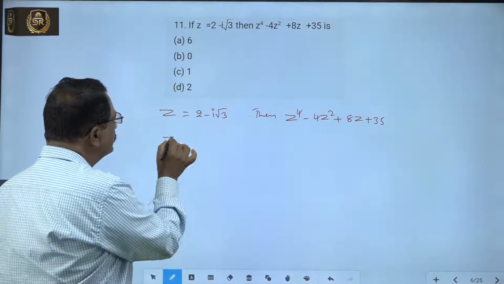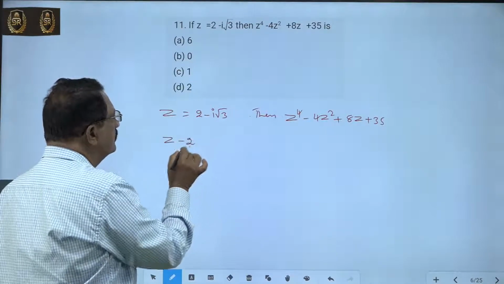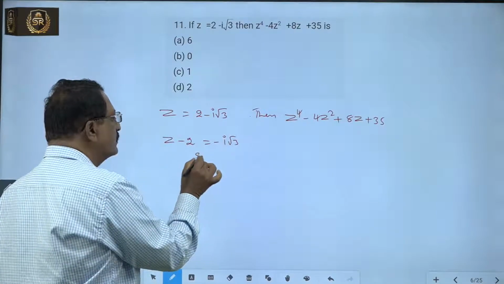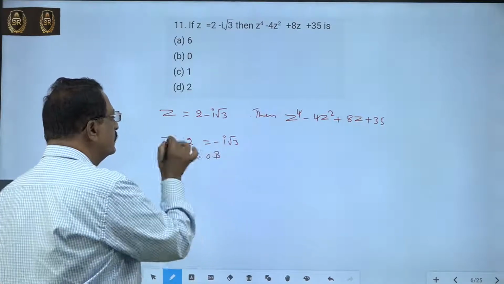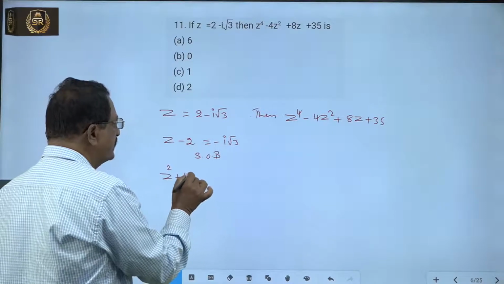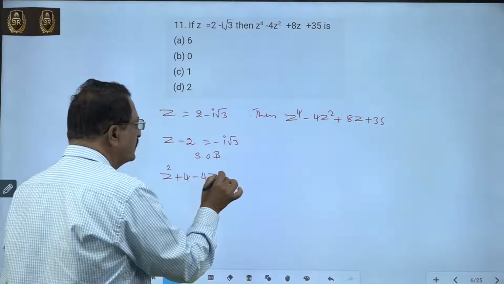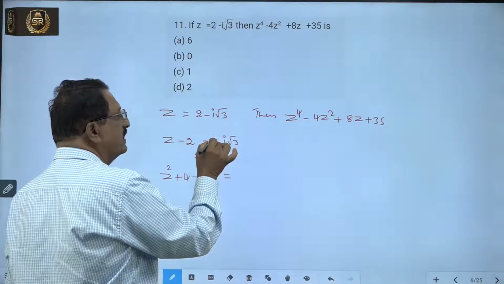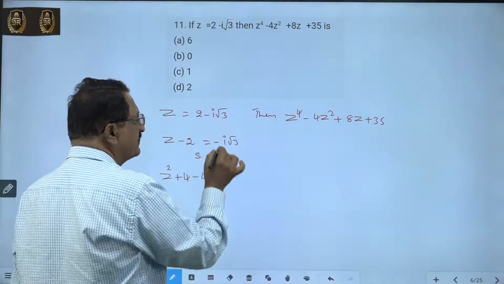Therefore, z minus 2 equals minus i root 3. Now, squaring on both sides, we get z square plus 4 minus 4z, that equals (minus i root 3) whole square, even exponent plus sign.